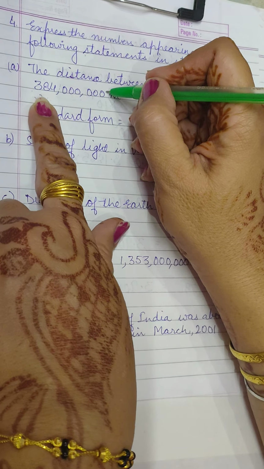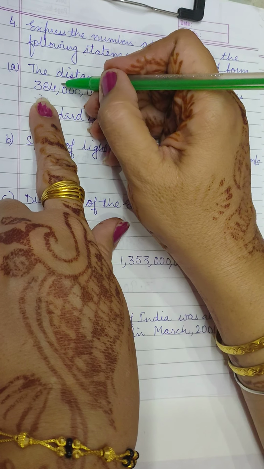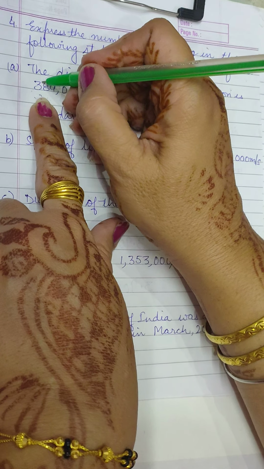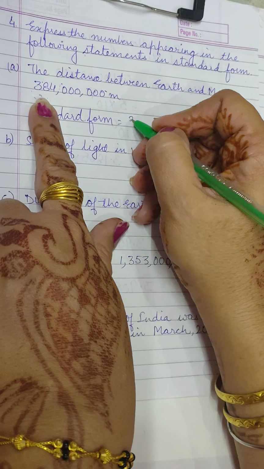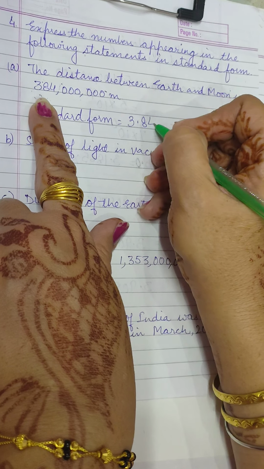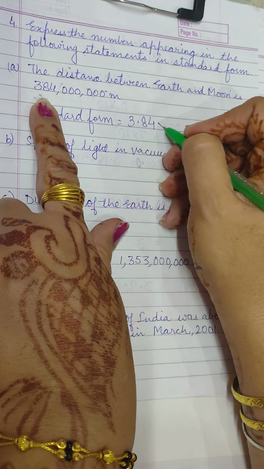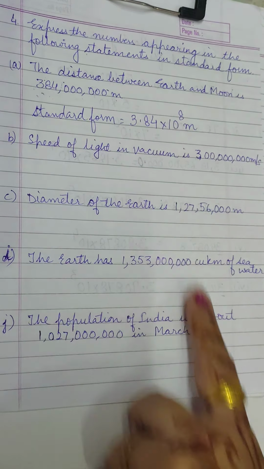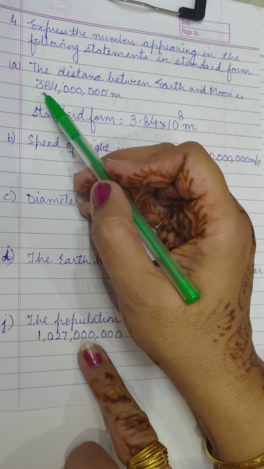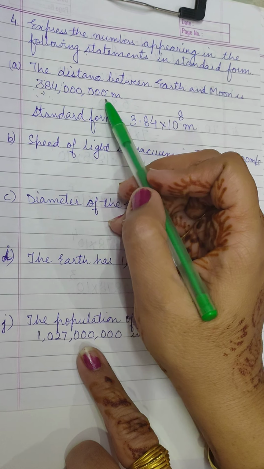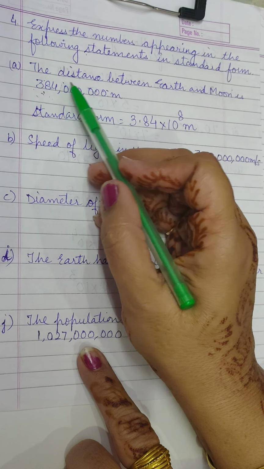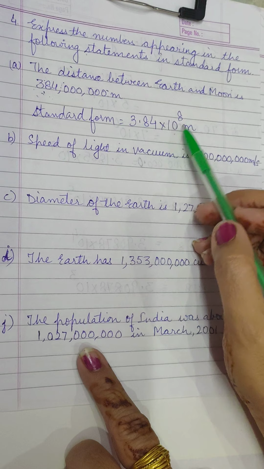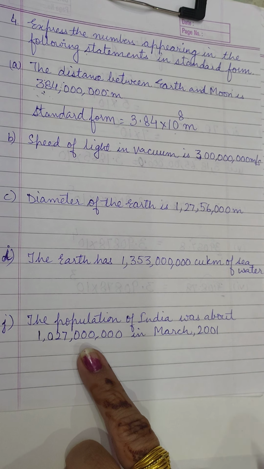So it has to move 3 plus 3, 6 plus 2, 8. 8 steps it has to move. So the number will become 3.84 multiply 10 raised to the power 8 meters. The decimal has to come after the first non-zero digit, and from the last it has to move 8 places. So we'll write down 10 raised to the power 8.